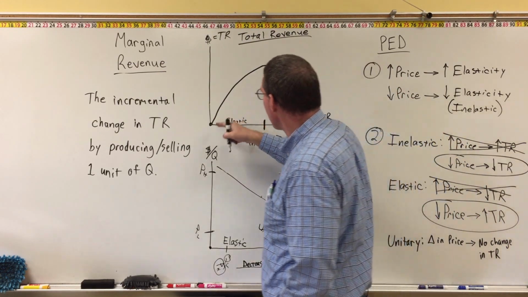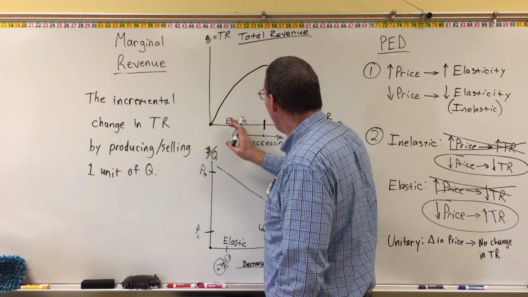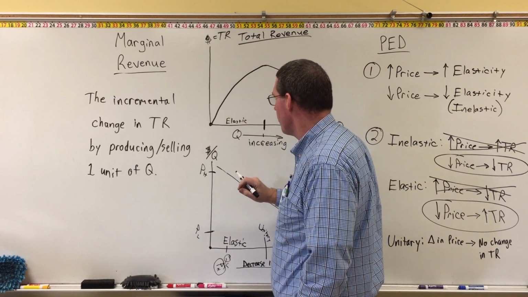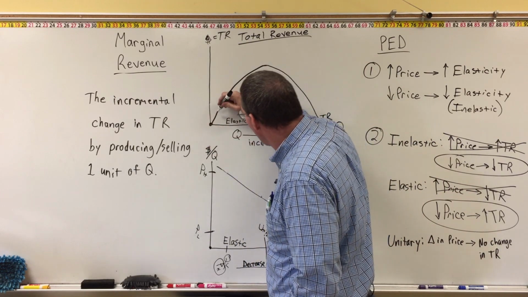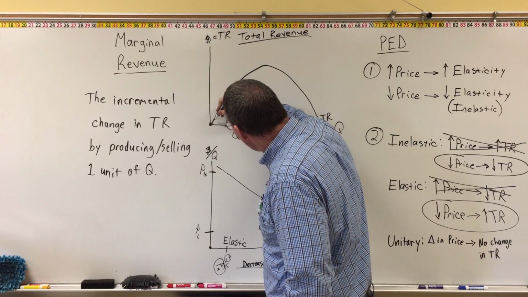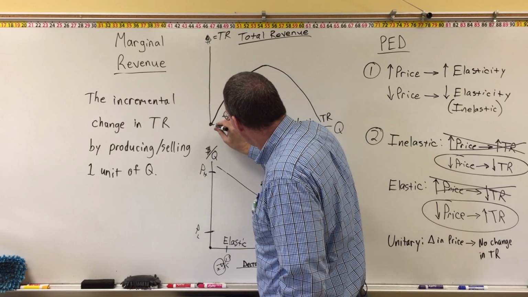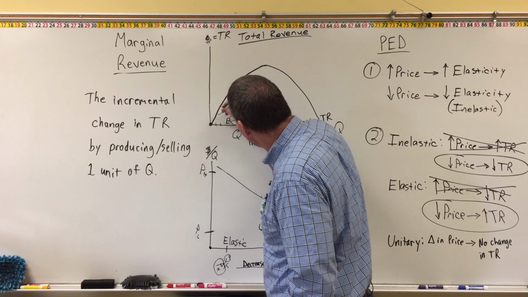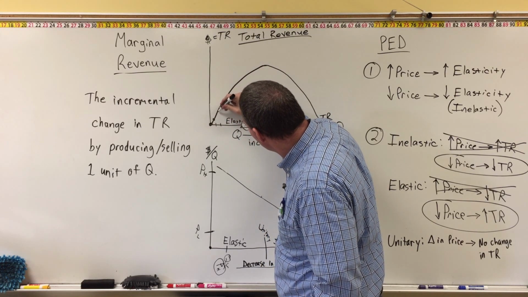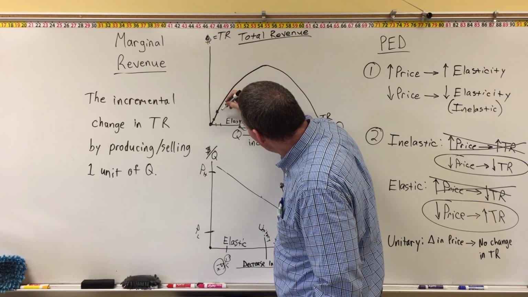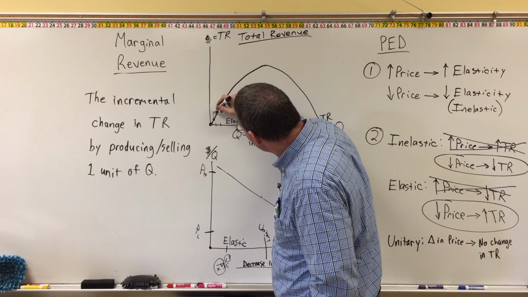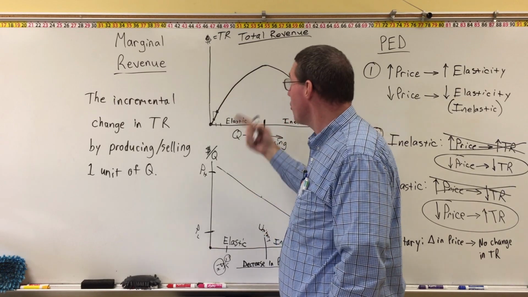So look at this. Here's what's happening. As quantity increases, as we produce one more unit, if we go from this quantity to this quantity right here, what's happening to total revenue? It's going up.